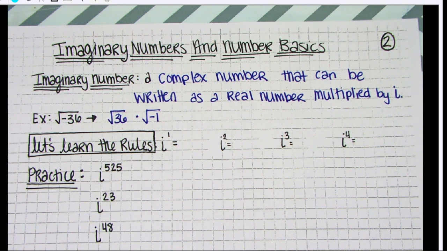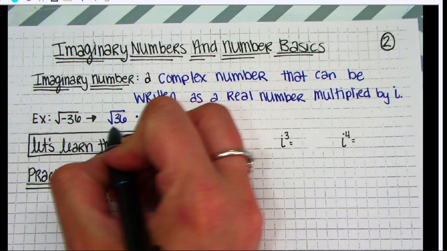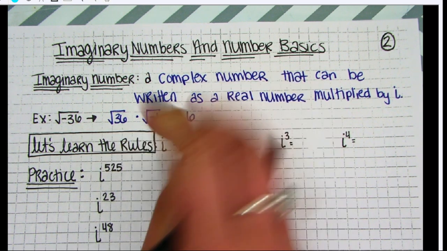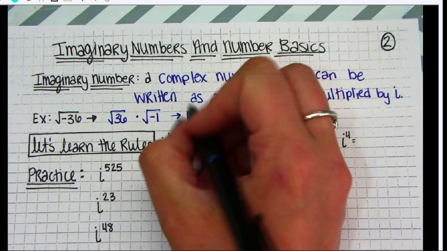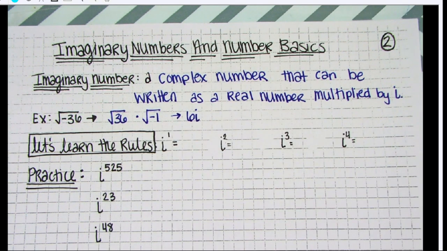If you know your perfect squares, you can look at that and kind of separate it in your mind. But if not, this is all that you're actually doing. You're square rooting the perfect square, and then you're square rooting negative 1. So the square root of 36 is 6. The square root of negative 1 is i. And that's it.